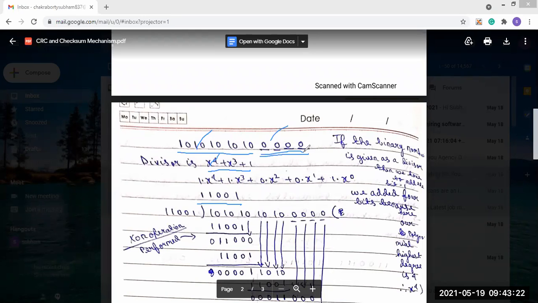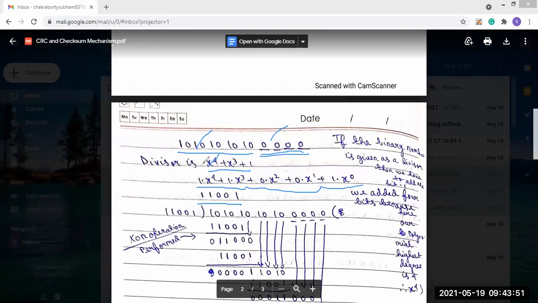Clear? So here a message is given. That message is 10101010 10, so the message length is 10. What will be the number of redundant bits? The polynomial x4 plus x3 plus 1 is given as the divisor. So we will first put the coefficient of each x value.